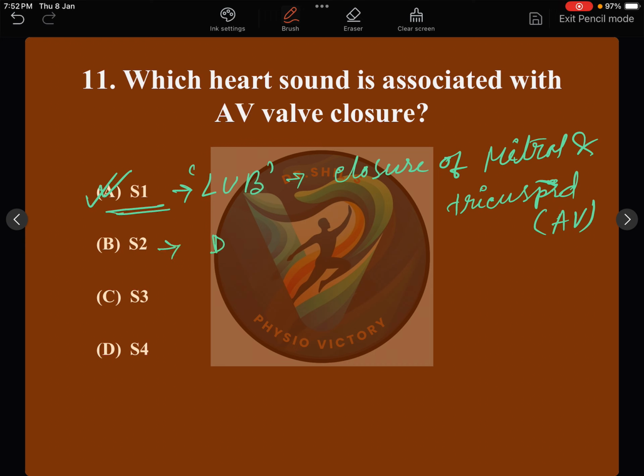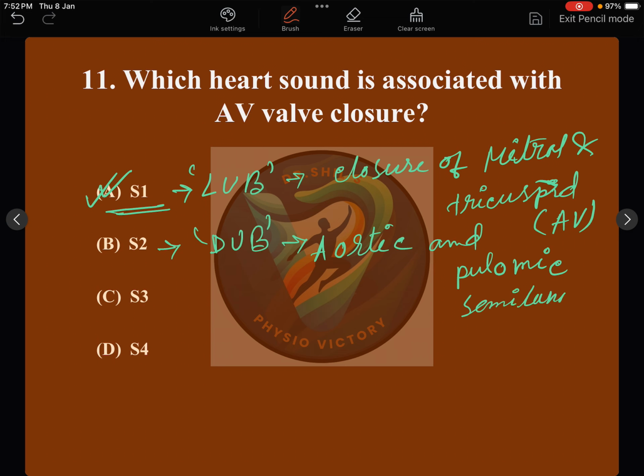S2 is dub, which is from aortic and pulmonic, or semilunar valve closure. S3 and S4 are extra sounds related to ventricular filling.